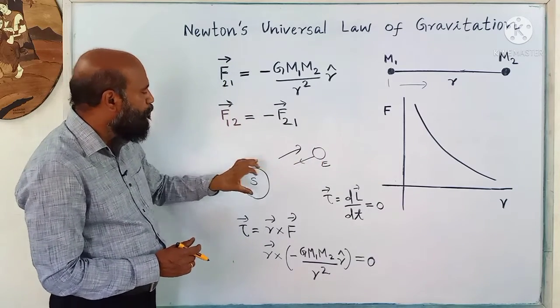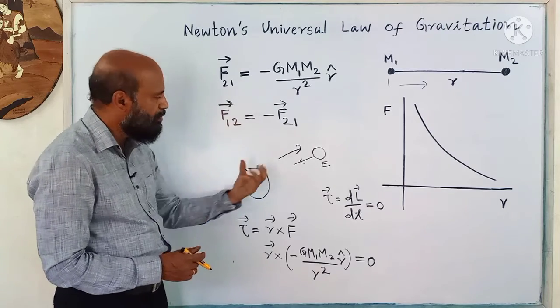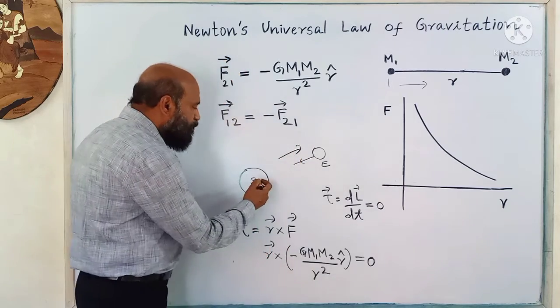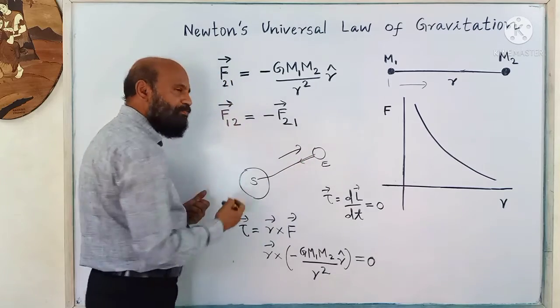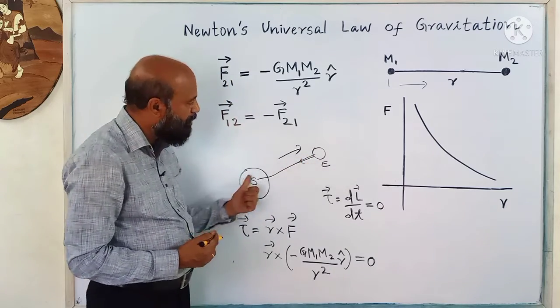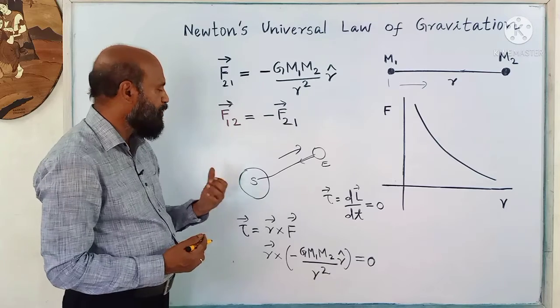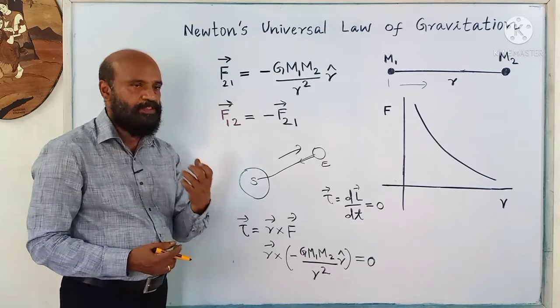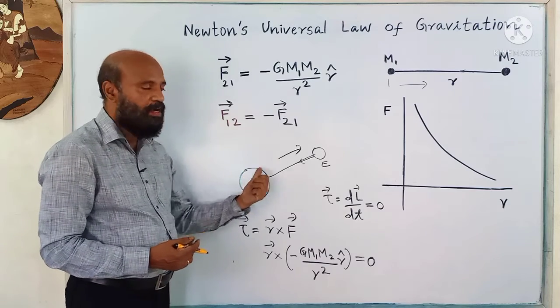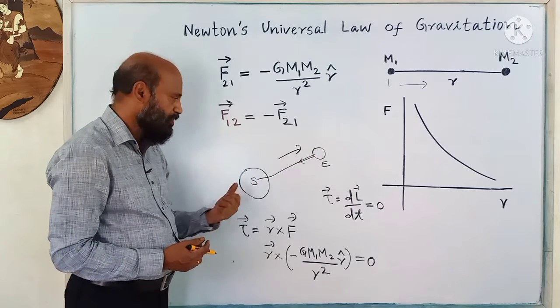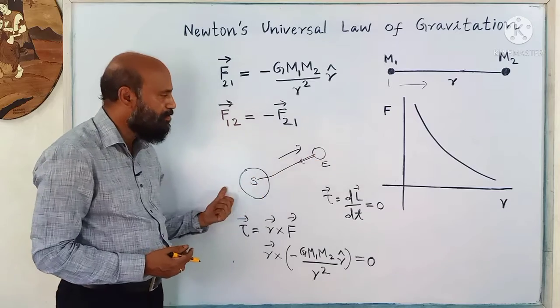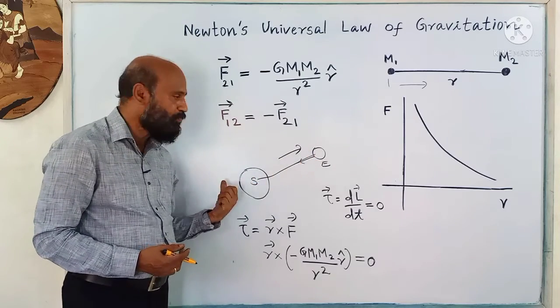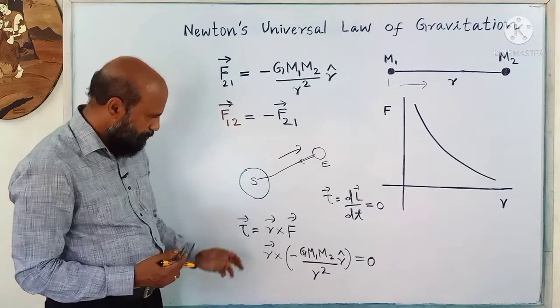The earth also has a large mass, but the distance between sun and earth is very large. We used the assumption that both are point masses. Here the distance is very large.